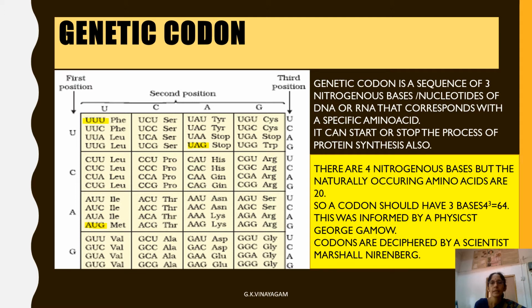And one more you remember, triple U. This is for the amino acid phenylalanine. So 3 codons you should know. AUG is a start codon or initiator codon, and then comes UAG, UAA and UGA. These 3 are considered to be stop codons, and one more you remember, triple U codes for phenylalanine.